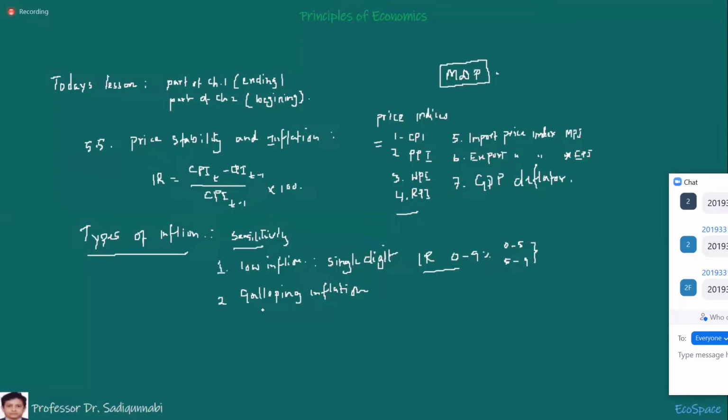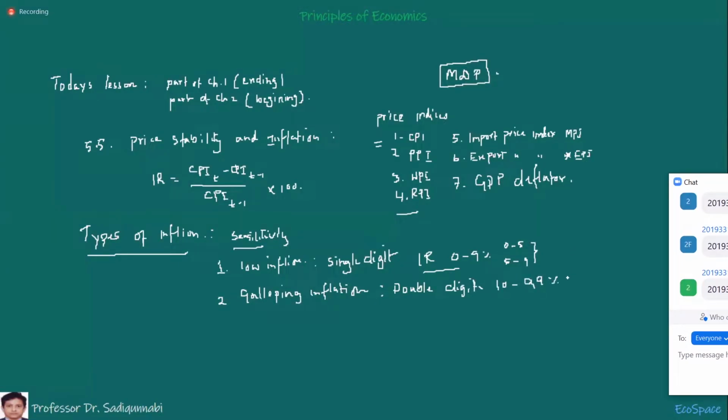The second type is galloping inflation, and this galloping inflation is double-digit inflation, ranging from 10 to 99%.